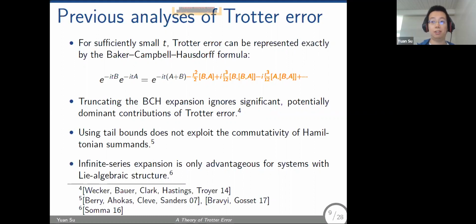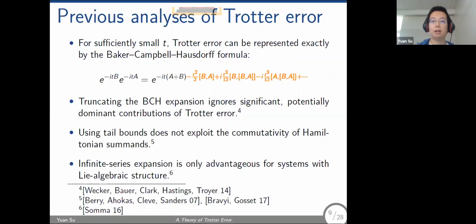It could be that sometimes this series is divergent and you won't be able to get a good estimate. But let's assume that that's not the case. Let's not worry about that. And we assume that the BCH formula holds. And let's try to use this formula to estimate Trotter error.